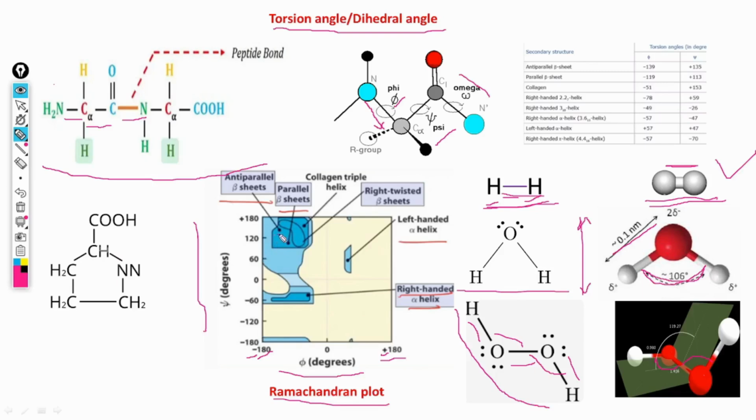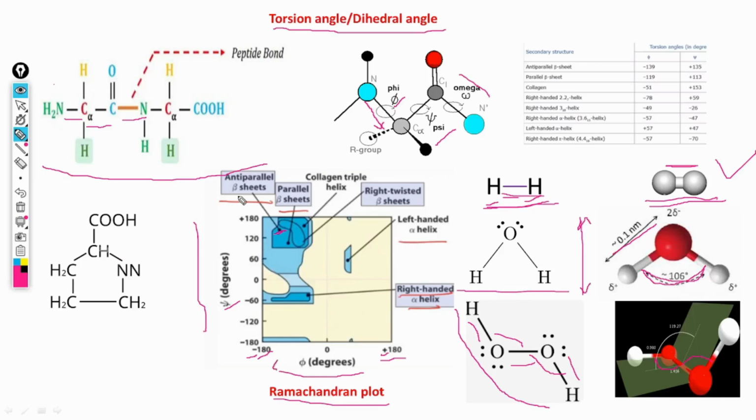Let's see this dot. This is the anti-parallel beta sheet. We will know about it after some time. The anti-parallel beta sheet has a high psi degree and a high negative phi degree.